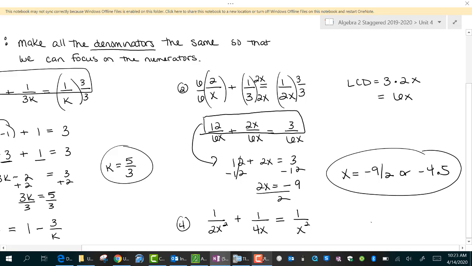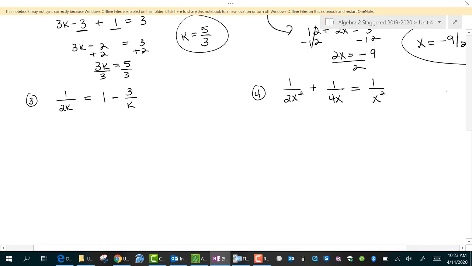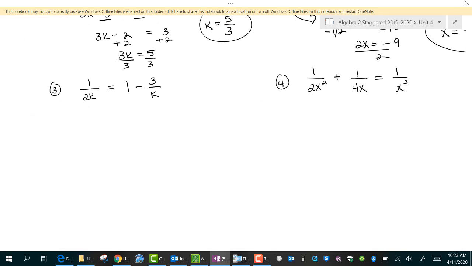Okay, we're going to do 2 more examples here. So for number 3, I have 1 over 2k equals 1 minus 3 over k. The first thing I'm going to do here is make this 1 a fraction by just writing over 1. That works in all situations. Then I look at those denominators.